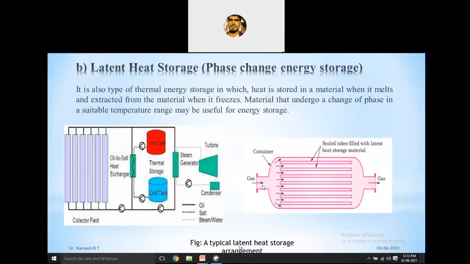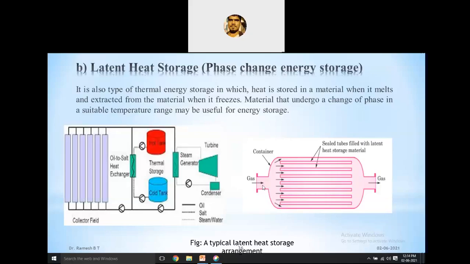There is a heat exchange from inside the tube to outside, because outside is low temperature and inside is high temperature. So heat flows from higher to lower. Always heat or temperature flows from higher to lower.